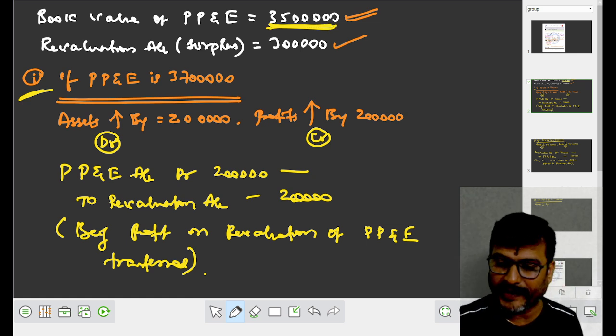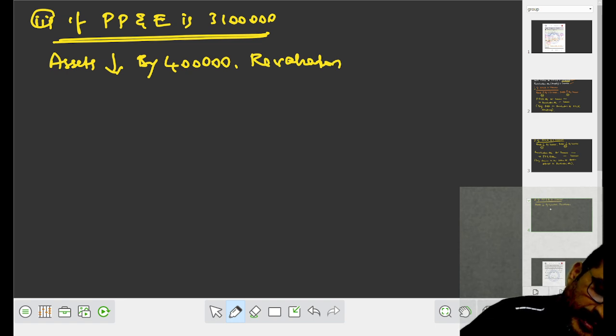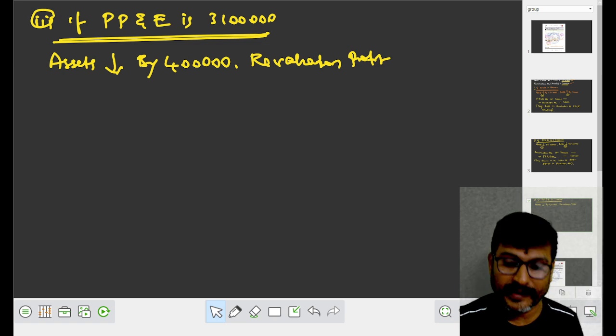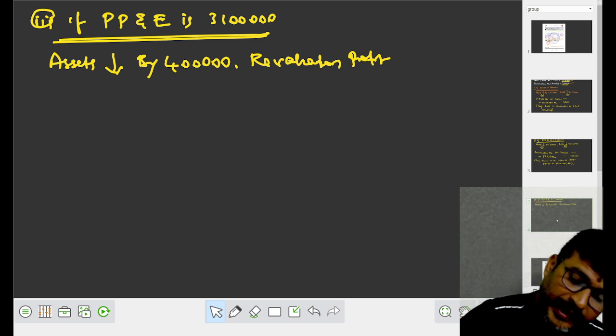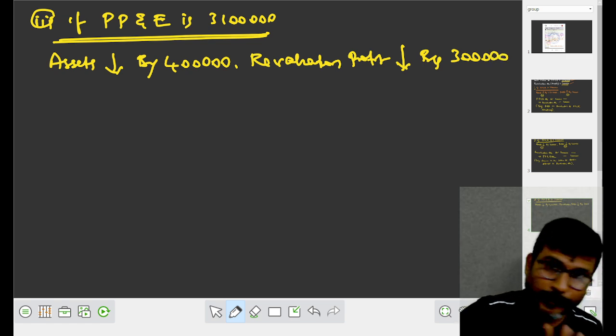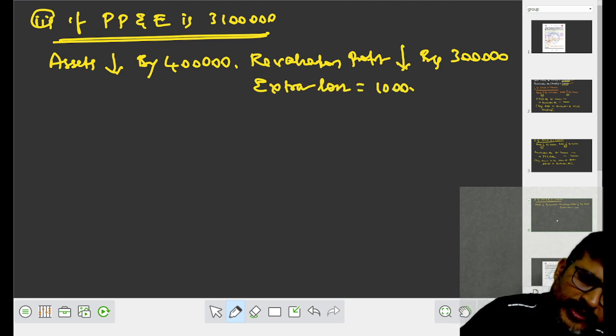Now it is 31 lakh. So your assets decreased by 4 lakh. Revaluation profit means surplus. How much revaluation profit? 3 lakh. Profit is 3 lakhs. But how much is the loss? The asset decrease is 4 lakhs. So the revaluation profit decreased by the complete 3 lakhs, and there is an extra loss of 1 lakh.